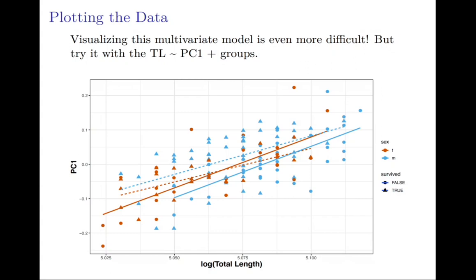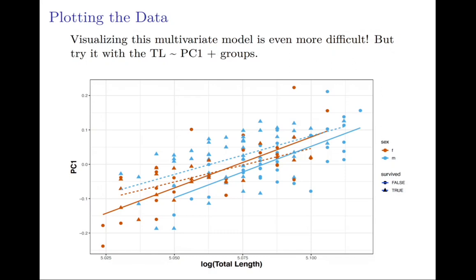If you recall, sex was significant, so male and female birds have different body sizes overall. But when you look at this, it's not very clear to say that male birds are bigger and female birds are smaller. Maybe you could sort of say that, but it also really depends on the total length. And because there's no interaction between sex and survival, this makes it complicated because it looks like there should be, but there wasn't.